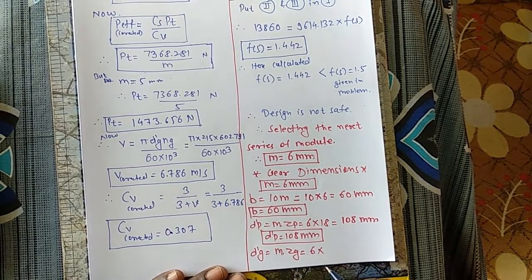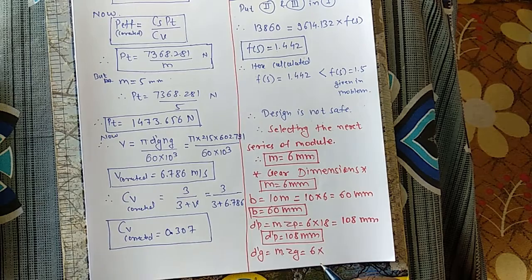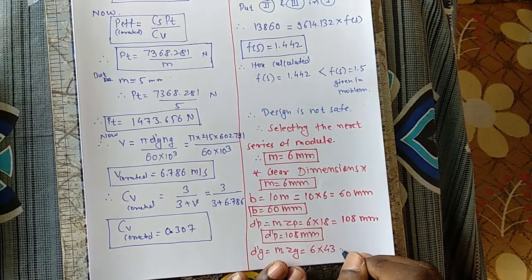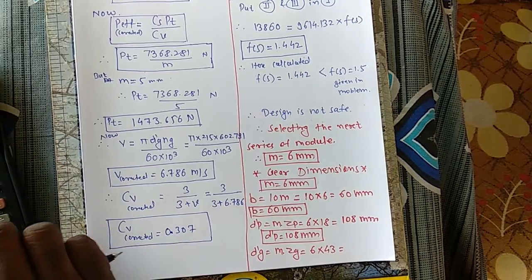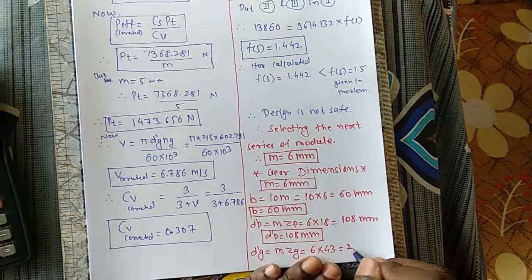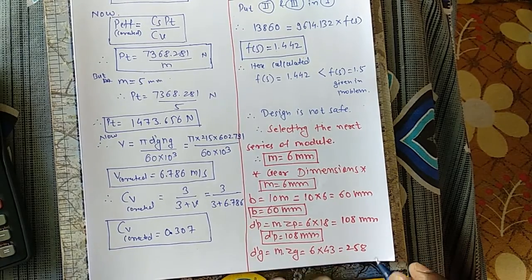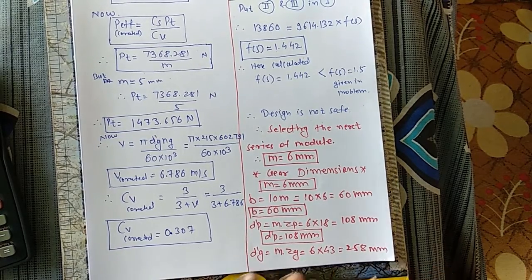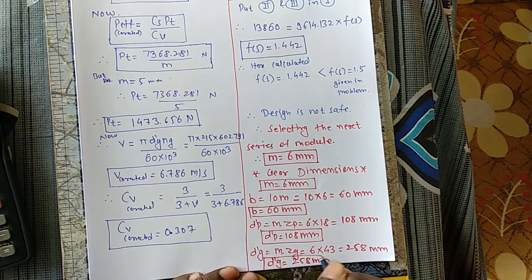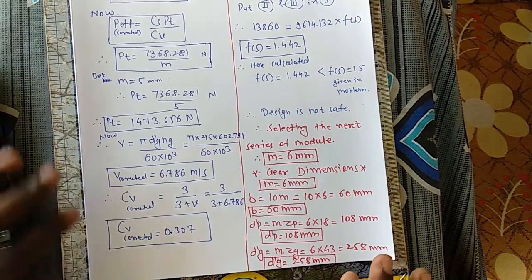M is 6 and the number of teeth on the gear is 43. So 43 into 6 is 258. The pitch circle diameter of the gear will be 258 mm. So these are the dimensions of the gear.